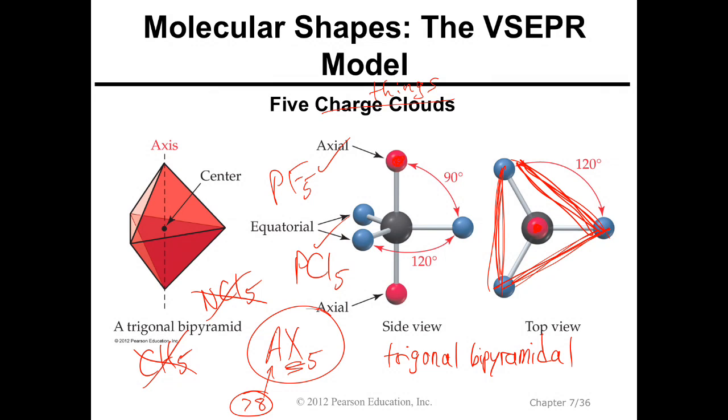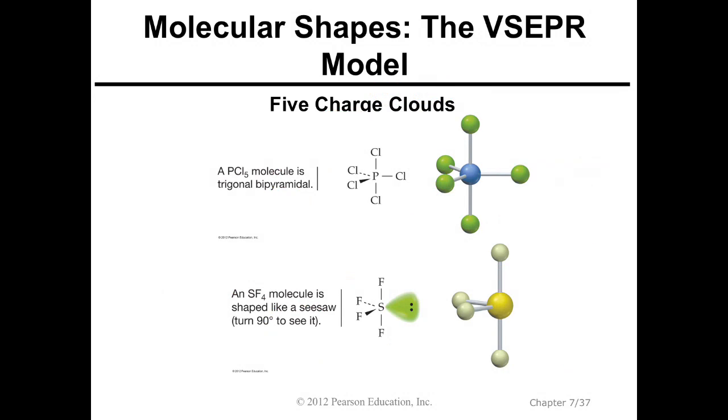One's coming out, one's going back. So that's one way to think about it, where this angle is 90 degrees and these angles are 120 degrees. So that's your trigonal bipyramidal structure, your AX5.